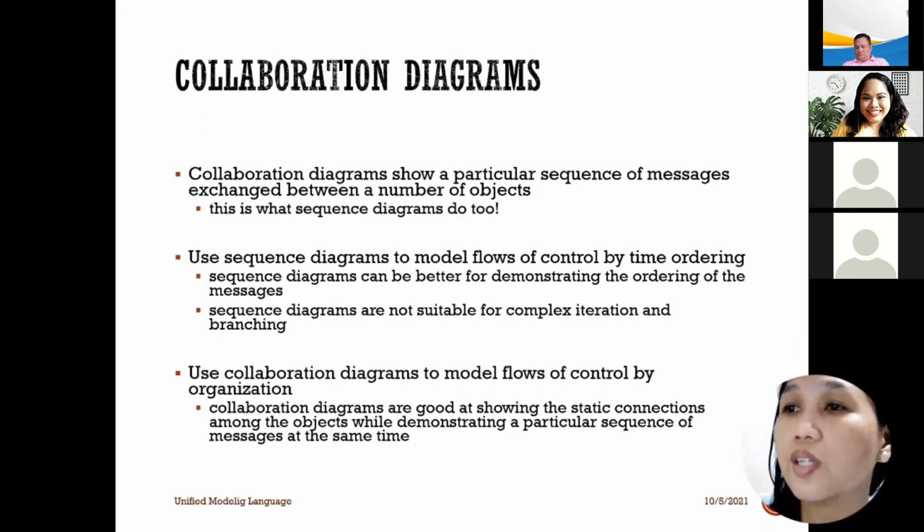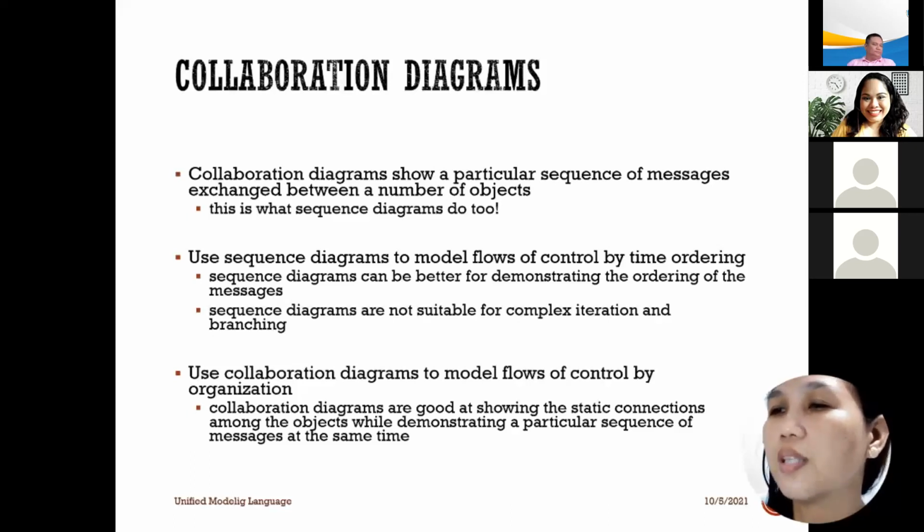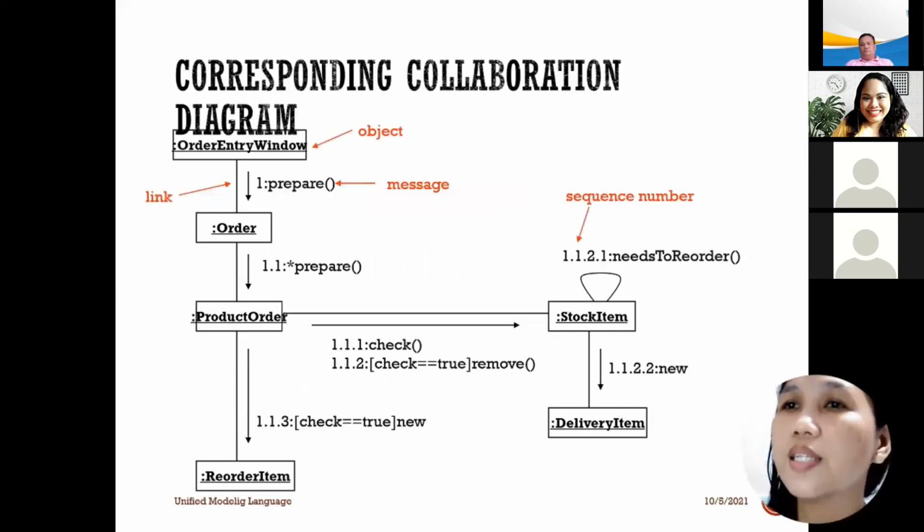Sequence diagrams are not suitable for complex iteration and branching. We can use the collaboration diagram to model flows of control by organization. Collaboration diagrams are good at showing the static connection among objects while demonstrating a particular sequence of messages at the same time.